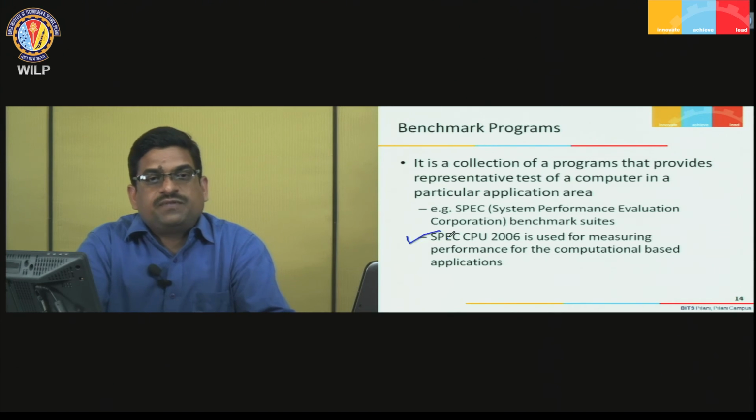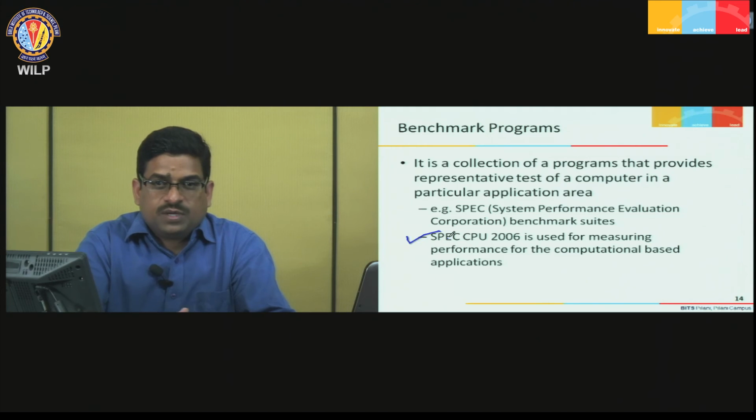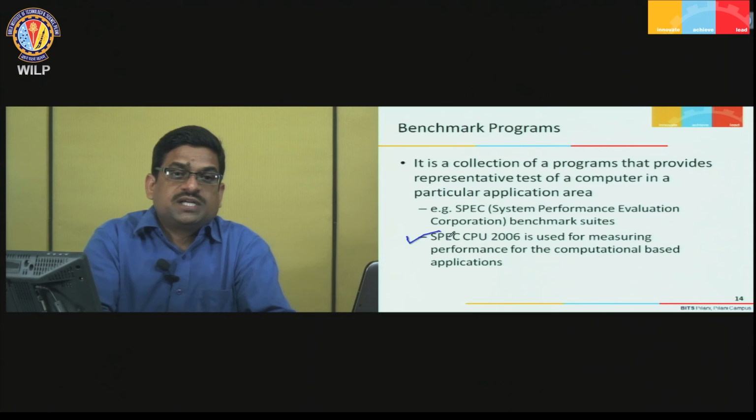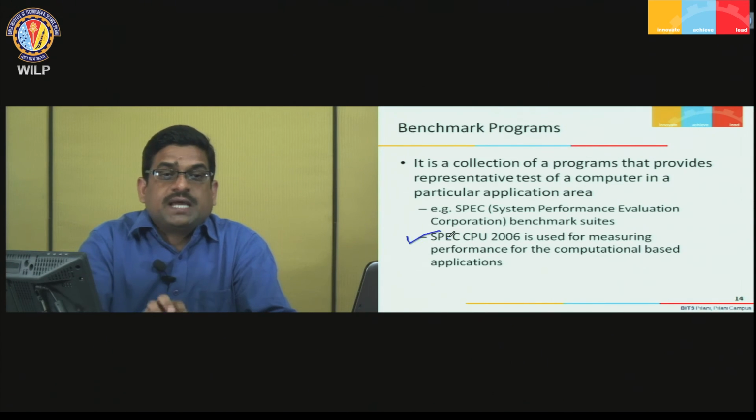So for different types of applications, IO intensive, computational intensive, or high floating point operation related, there are different sets of benchmark programs. For comparing or measuring the performance of a computer, people run these benchmark programs on a set of machines and then come to a conclusion about which machine is better than the other for this particular type of application.